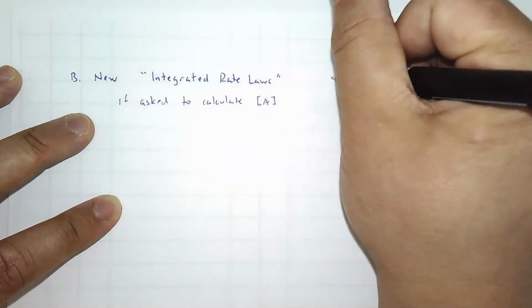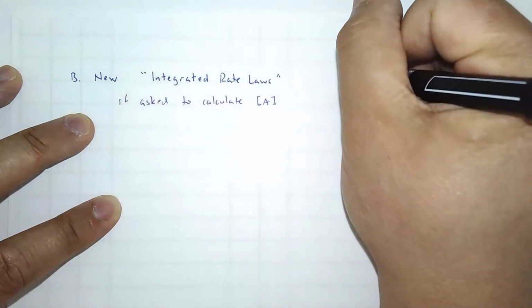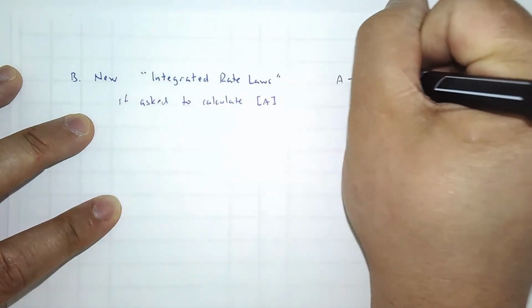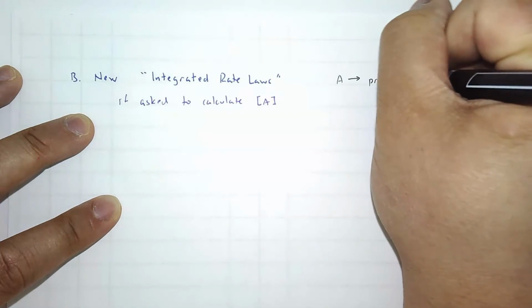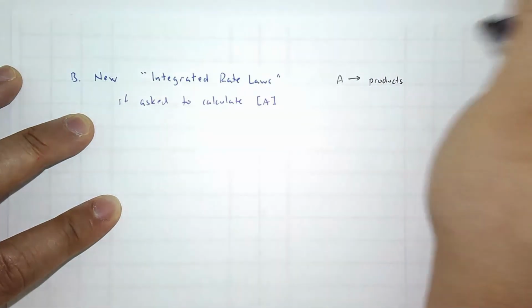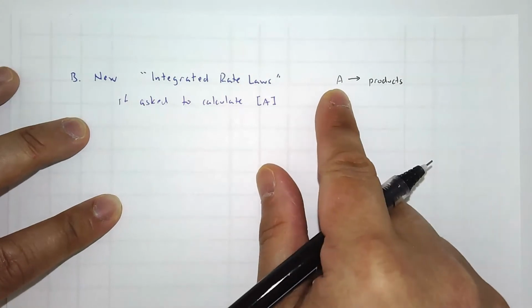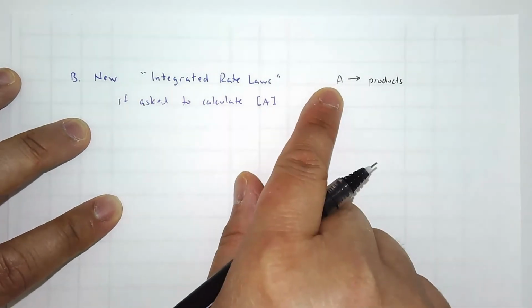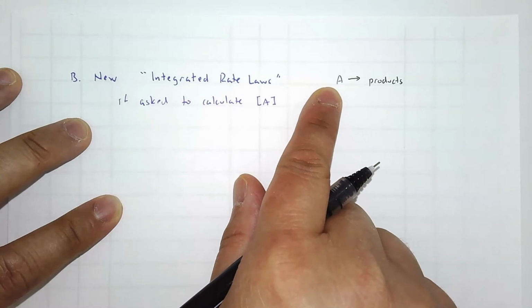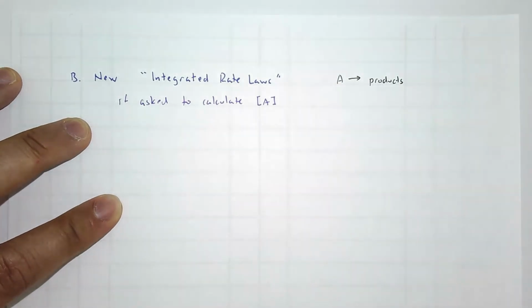apply these rate laws, integrated rate laws, to a reaction where you have one reactant going to products, at least for now. And not only do we have one reactant, we're going to explicitly think of this one reactant as 1 mole, okay, coefficient of 1.